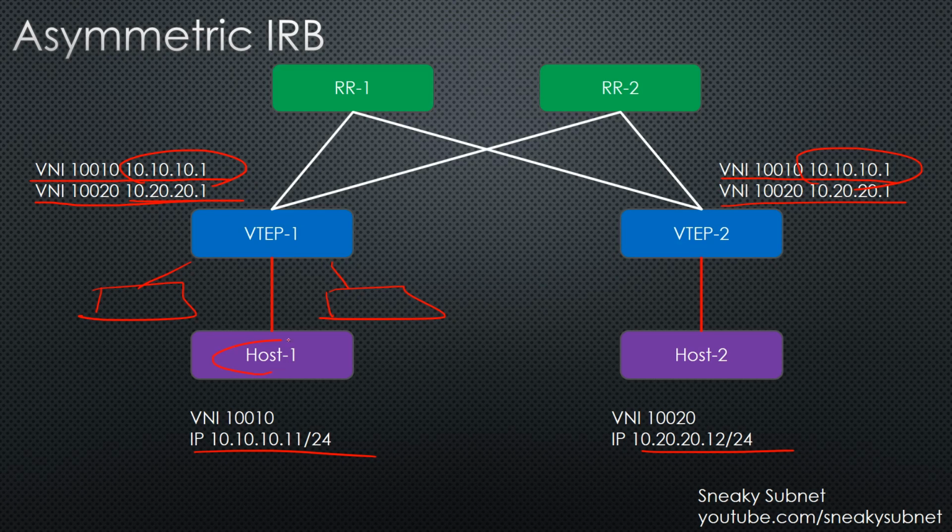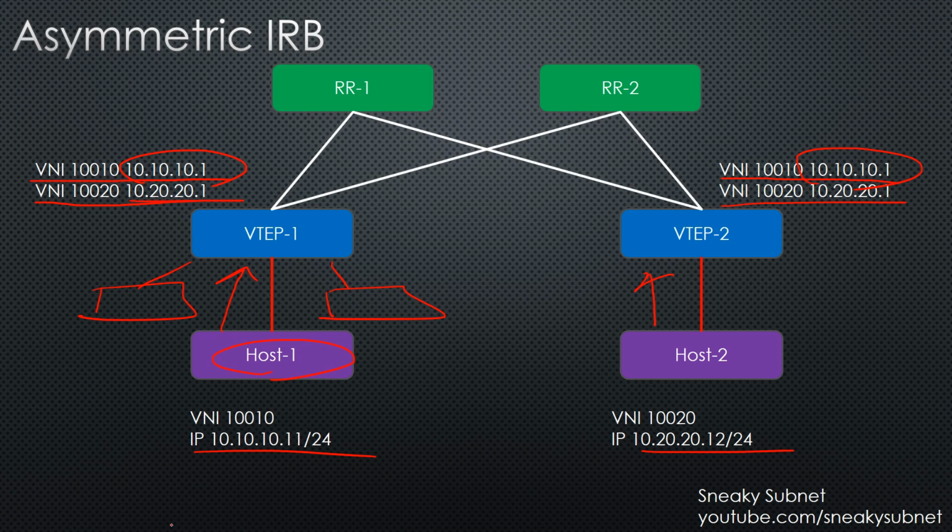So for host number 1, the closest default gateway is located inside VTEP number 1. For host number 2, the closest is located at VTEP number 2. So the key point here is that all VTEPs have default gateways for all hosts which are directly connected to them.